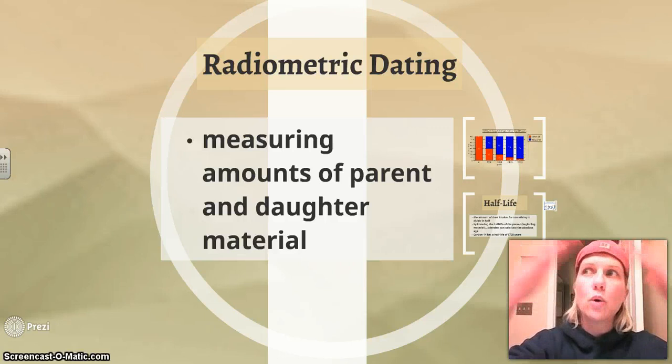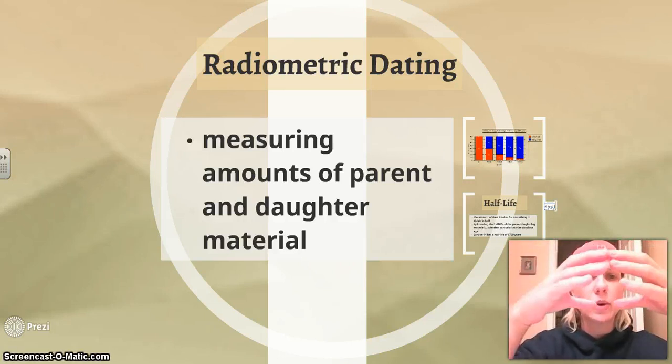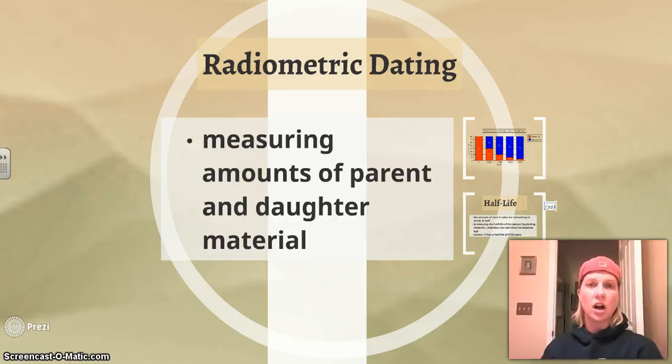Over time, those atoms are going to break down. So if we know how much it starts with, and then we find this rock, and it doesn't have as much as it started with, but we knew how much it took to break down, we can determine how old it is. Okay, so the parent material is the beginning material.